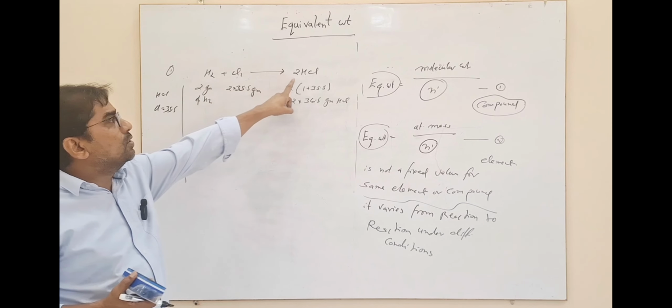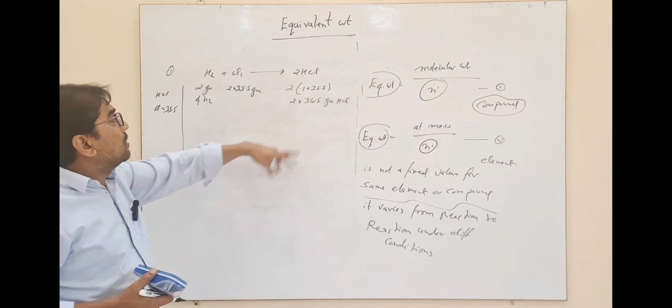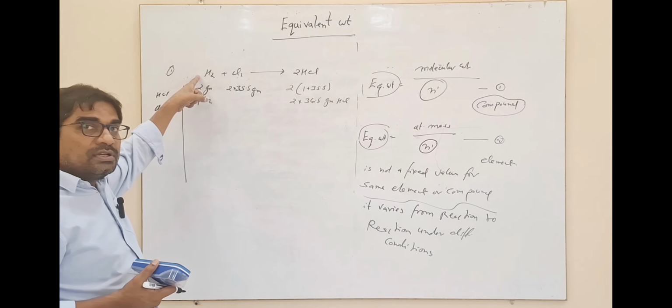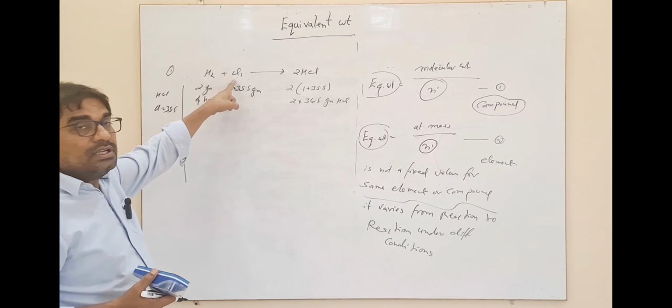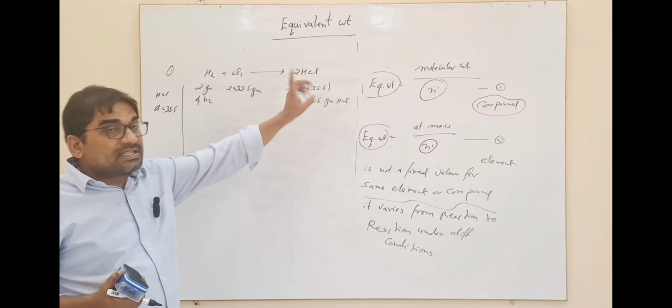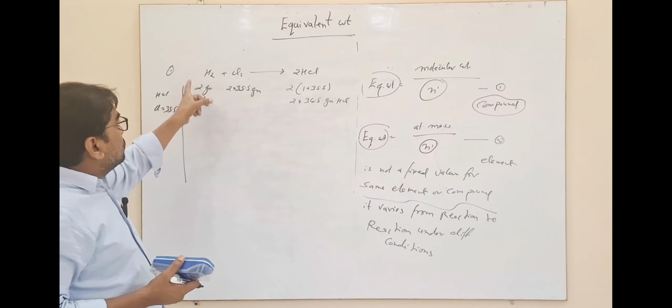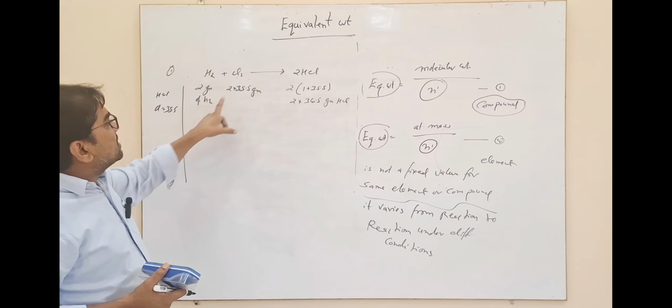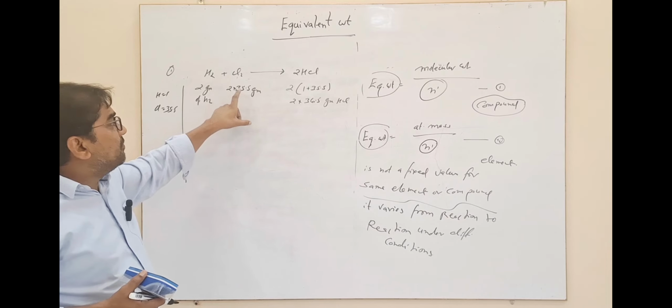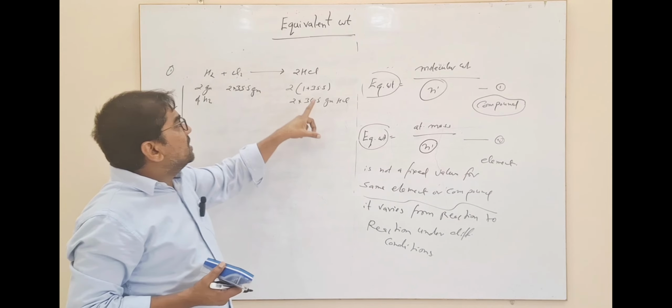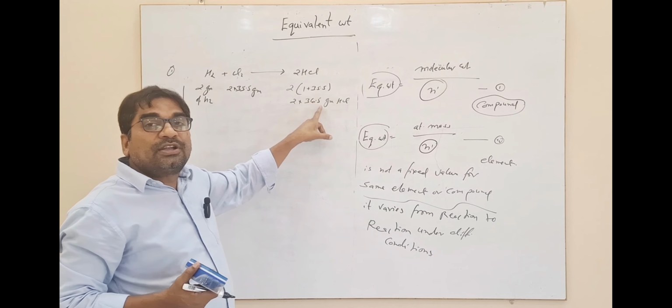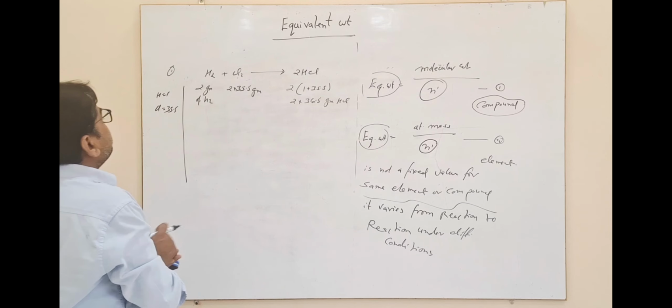This is a balanced chemical reaction where one molecule of hydrogen reacts with one molecule of chlorine and gives 2 molecules of HCl, or 1 mole of hydrogen reacts with 1 mole of chlorine and gives 2 moles of HCl, or 2 gram of hydrogen reacts with 2 into 35.5 gram of chlorine and gives 2 into 36.5 gram of HCl.